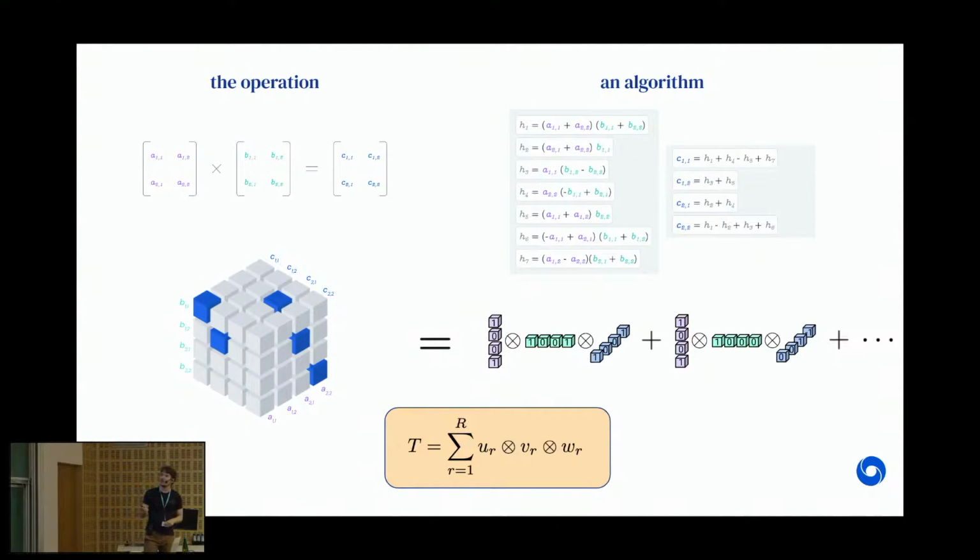We are given one fixed tensor T, which is this matrix multiplication tensor, and we want to find a decomposition of this tensor into a sum of rank 1 terms, with as few terms in this sum as possible. So we want to minimize capital R, because every term in the sum corresponds to one multiplication in the algorithm, and we want to minimize the number of multiplications in the algorithm.